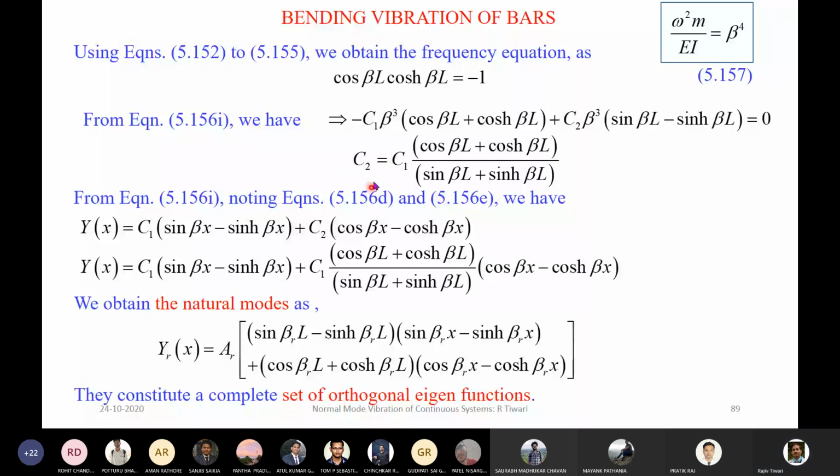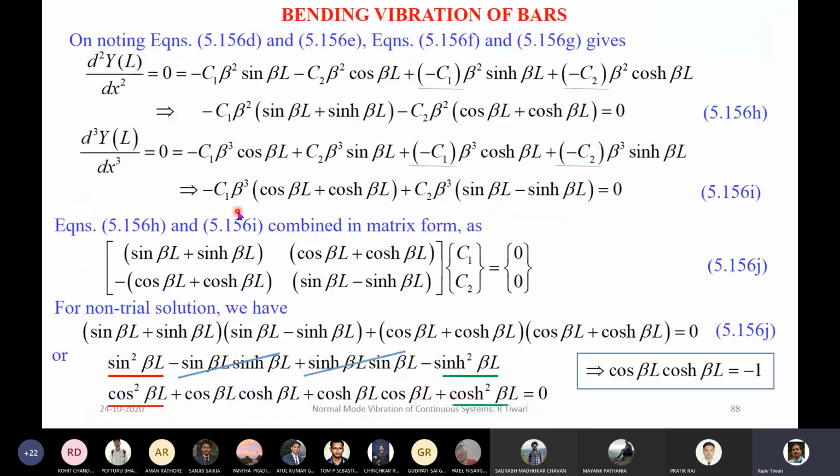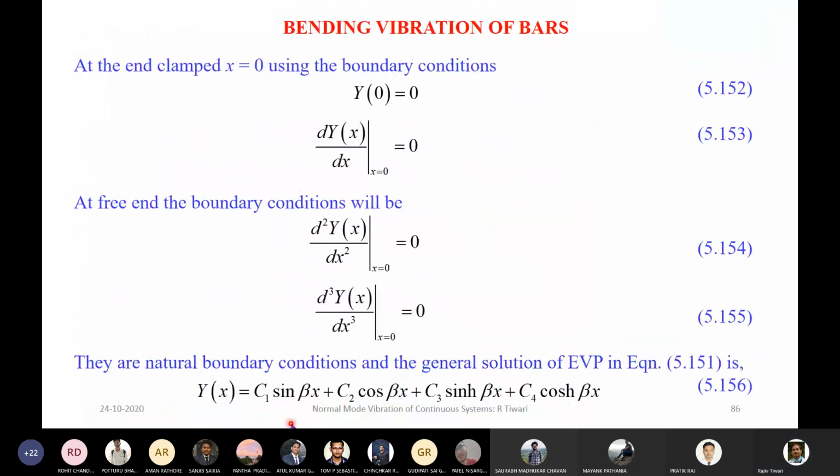So this can be solved as C2 is equal to C1 times some constant terms. There is no x involved here. Now this is C2 and C1. So in our original equation, if I go back to this equation, we already knew that this is minus C1, this is minus C2.